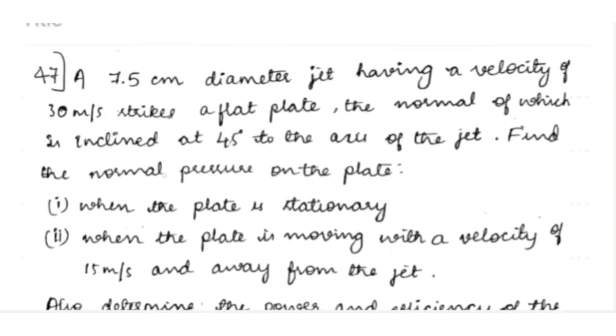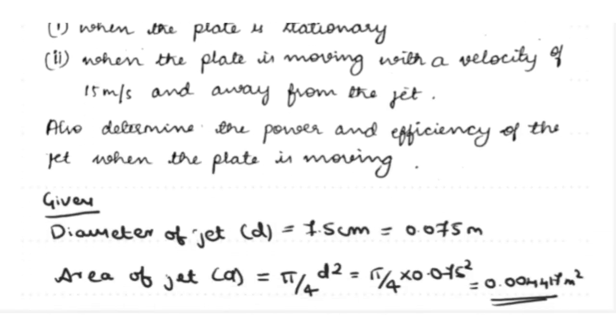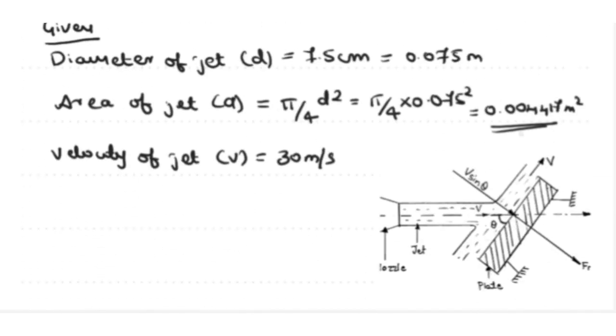The normal of which is inclined at 45 degree to the axis of jet. If you refer to this figure, this is the normal line, normal to the plate, and it is inclined at an angle of 45 degree to the axis of jet.